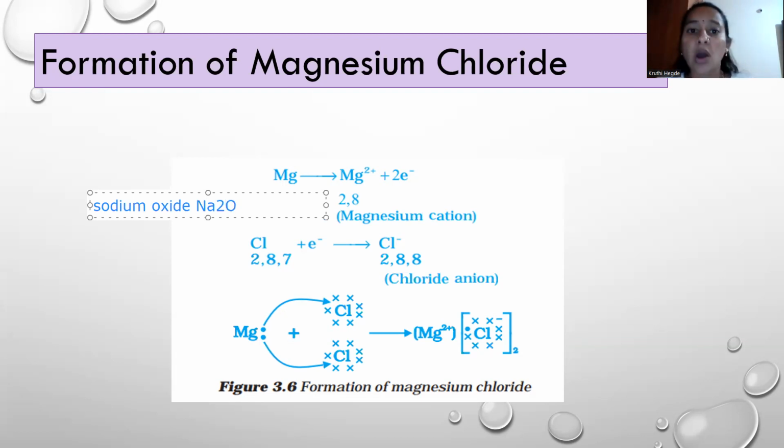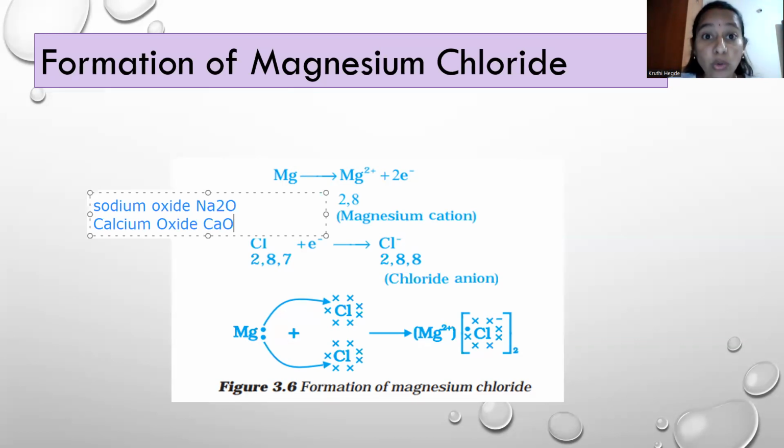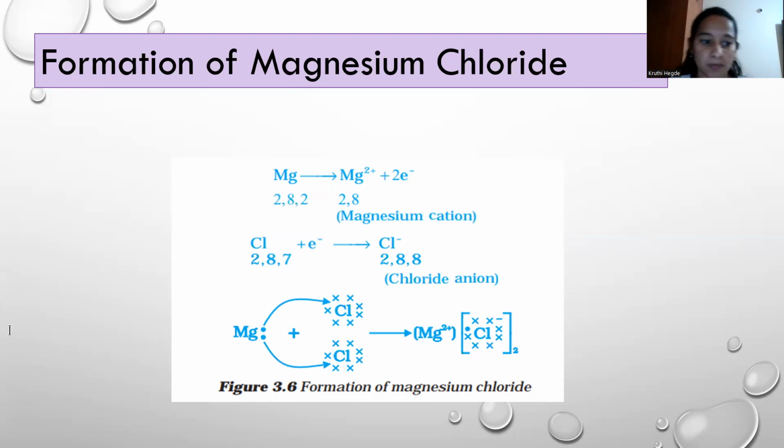Or they can even ask calcium oxide, CaO. So you should learn how the electron transfer method happens for these two, sodium oxide and calcium oxide. They can ask any of this for 2 or 3 marks in your main examination.